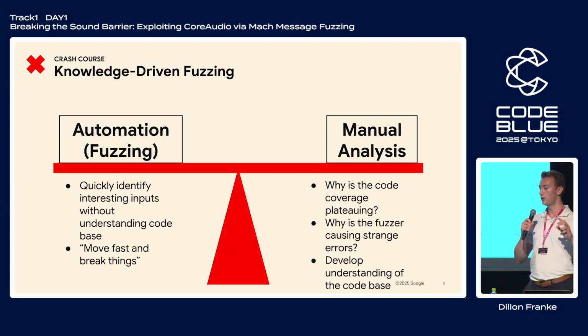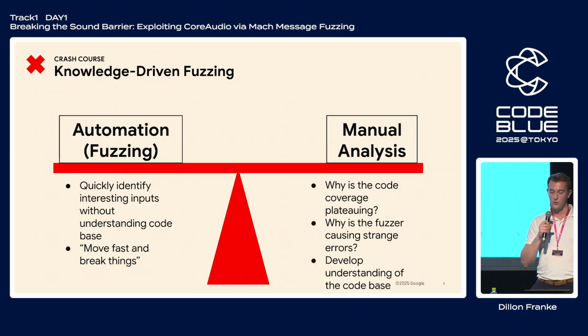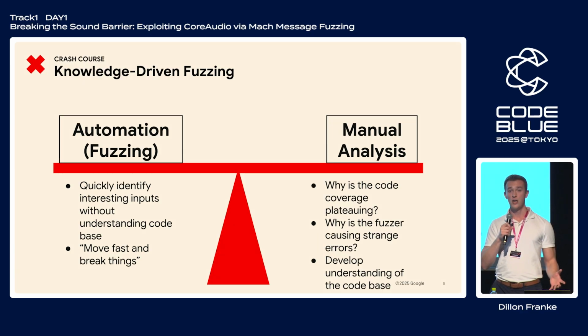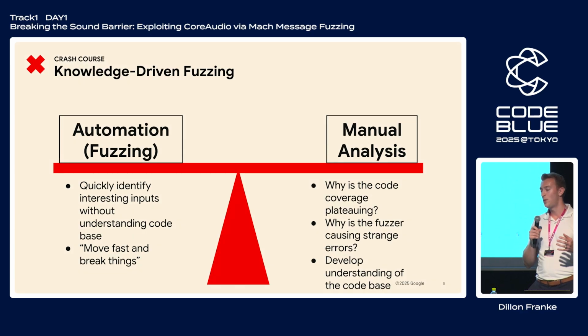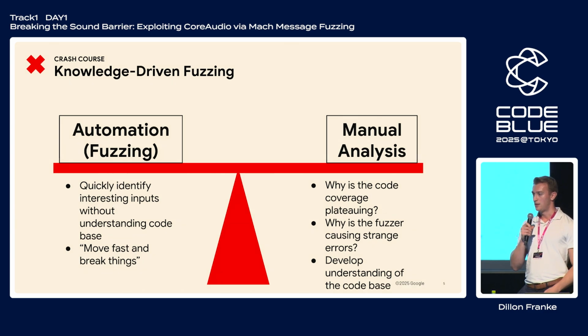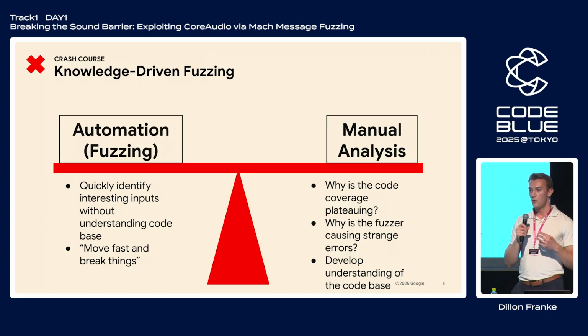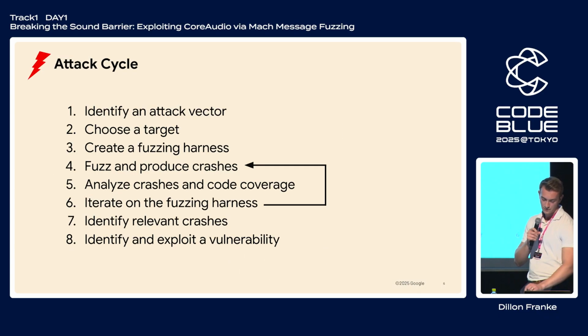So you look at the code coverage, you look at what parts of the code the fuzzer's exploring, and you say, why is the code coverage getting stuck or plateauing? You might say, why is the fuzzer causing these strange errors? How can I move past these and help guide the fuzzer past these errors? And through that, you develop an understanding of the code base. So this is a really valuable approach to vulnerability analysis I've found because it couples that automation with being able to really understand the code base well.